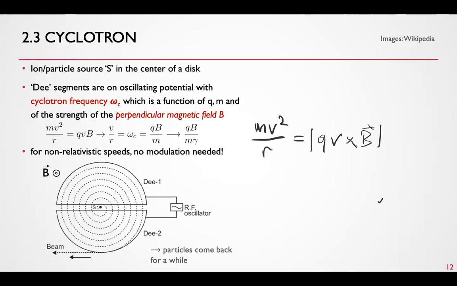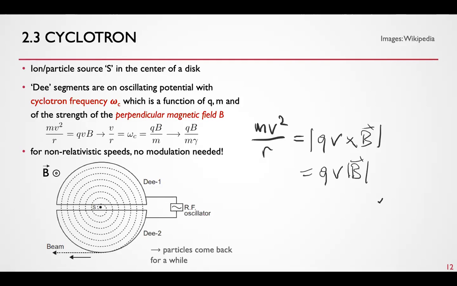The magnetic field that's used here is constant, and it is perpendicular to the plane. So the cross product is just Q times V times B, where I'm using the magnitude of all these vectors.